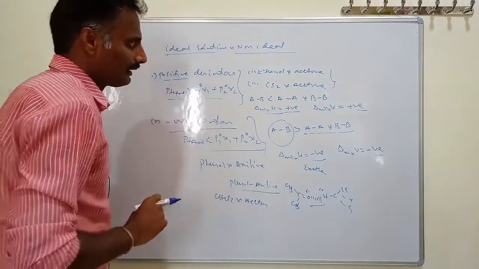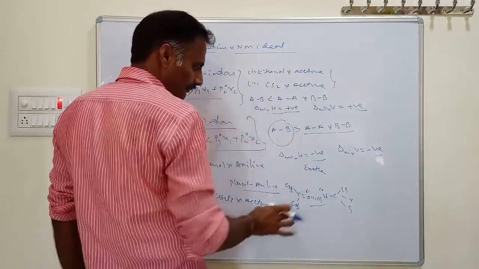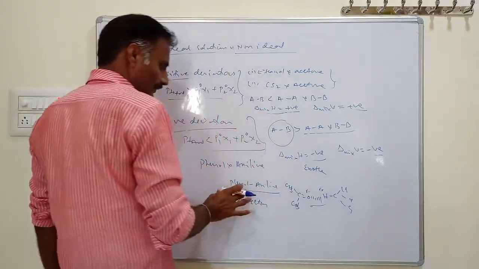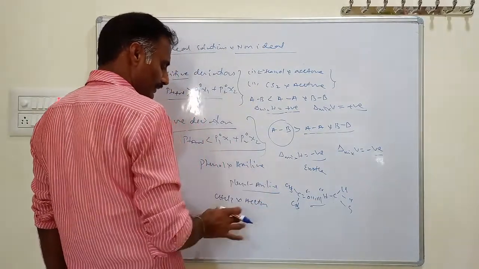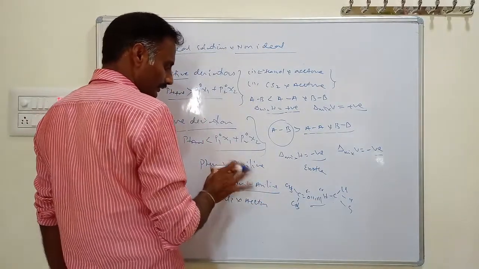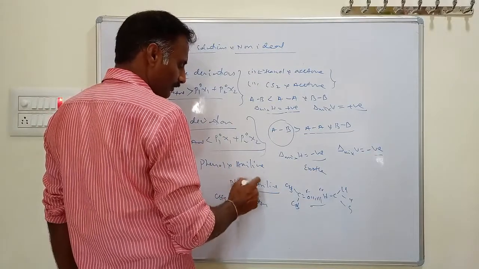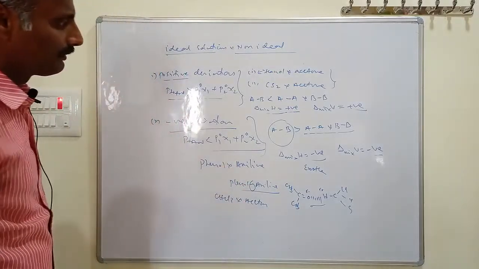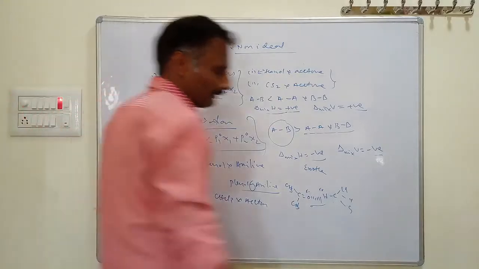Here hydrogen bonds and dipole-dipole interactions are less when compared to phenol and aniline, where hydrogen bonds are more. That's why phenol and aniline show negative deviations. This is about non-ideal solutions showing positive and negative deviations.